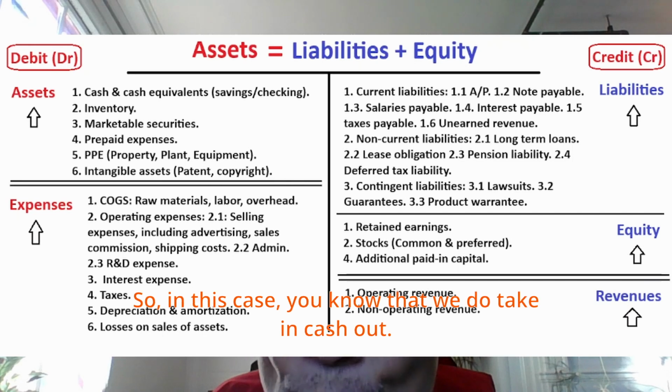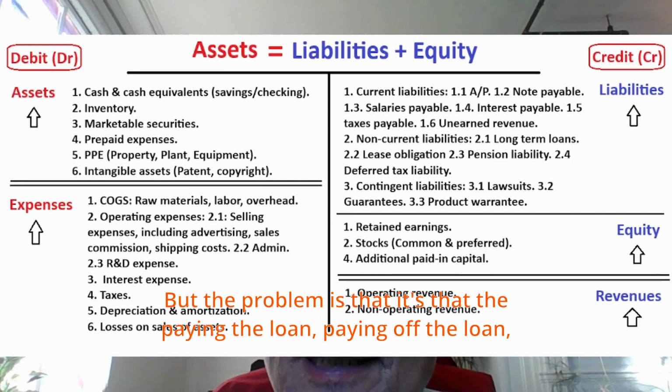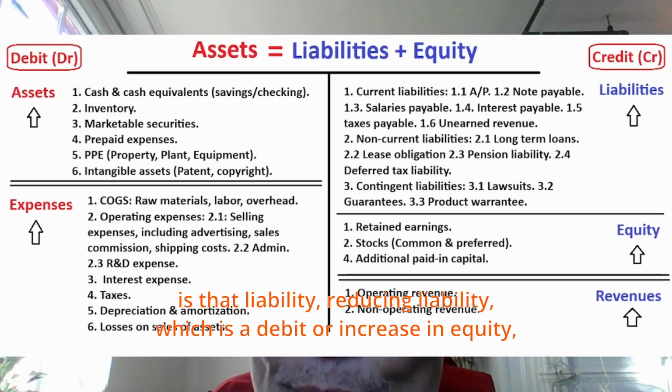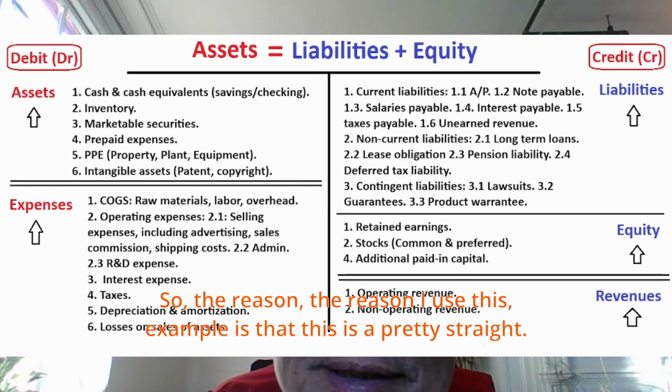So you know that taking cash out is a credit event, but the problem is that paying off the loan is either reducing liability, which is a debit, or increasing equity, which is a credit.